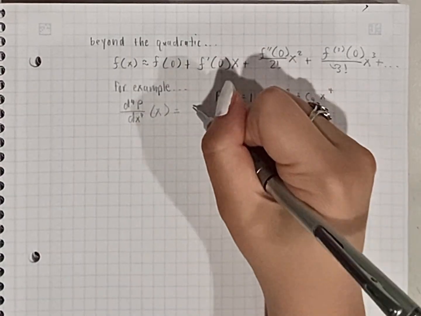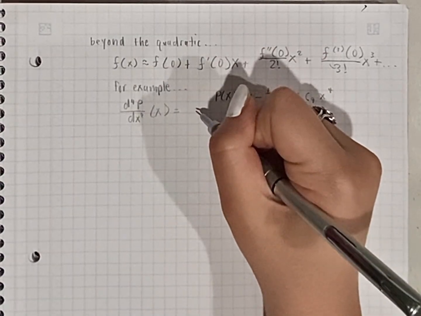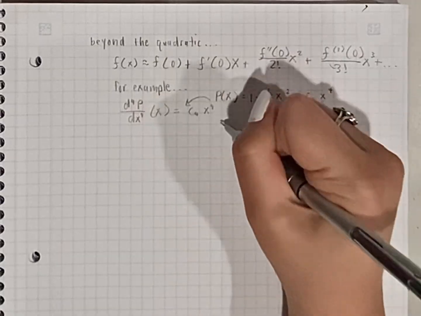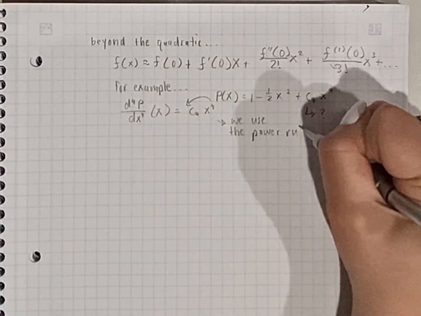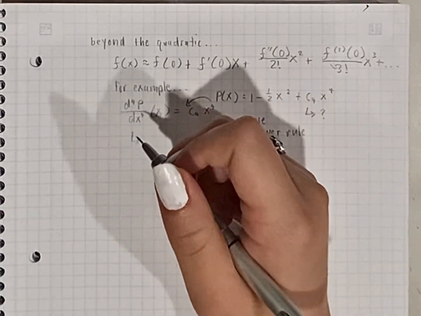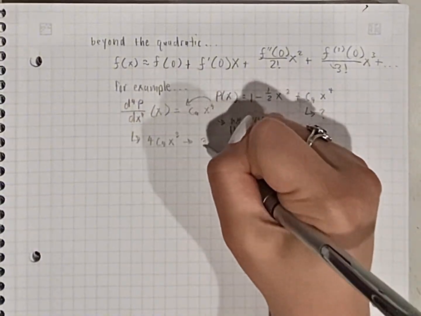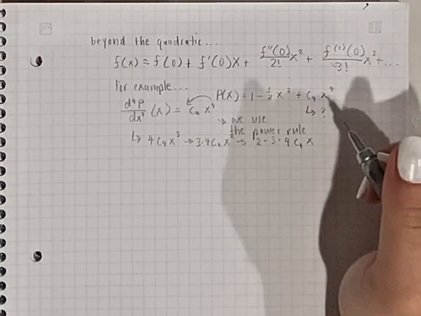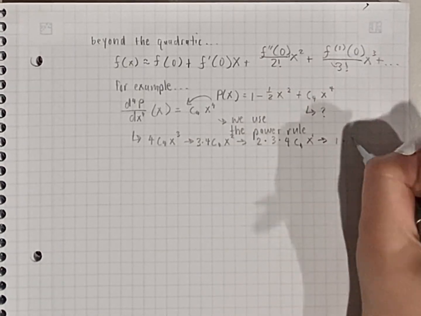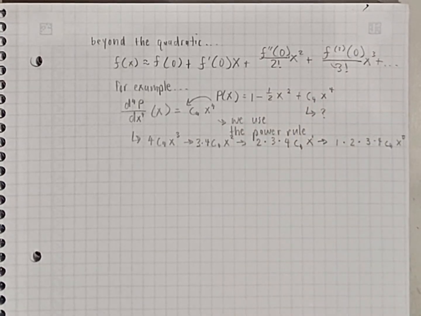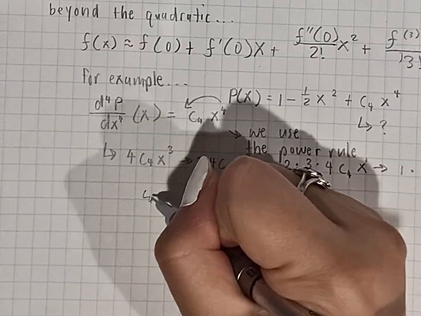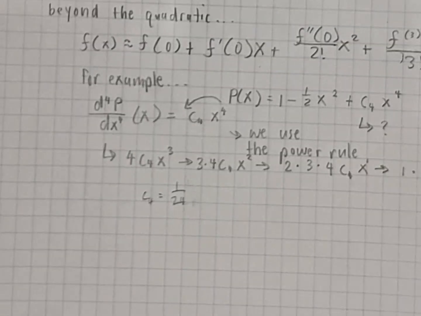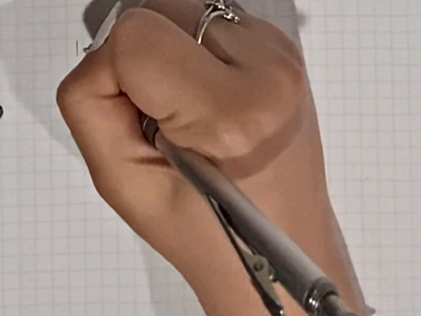Well, when you keep applying the power rule over and over with those exponents all hopping down in front, you end up with 1 times 2 times 3 times 4 times c4, which is 24 times c4. So if we want this to match the fourth derivative of cosine x, which is 1, c4 has to become 1 over 24.